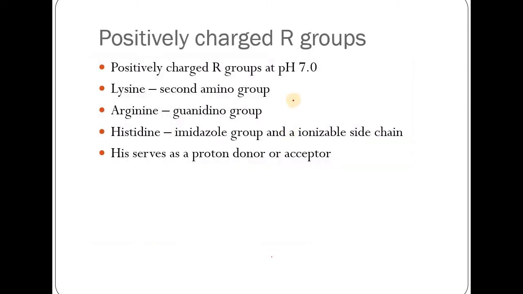Okay, so the next group of amino acids is the positively charged R groups, and the positive charge of these amino acids is contributed by a second amino group. Okay, and here amino acids like lysine, arginine, and histidine come under this group. And here arginine possesses a guanidino group. Okay, and histidine possesses an imidazole group.